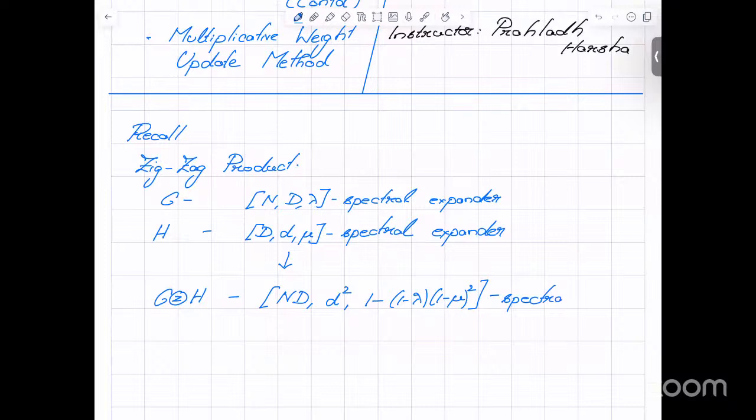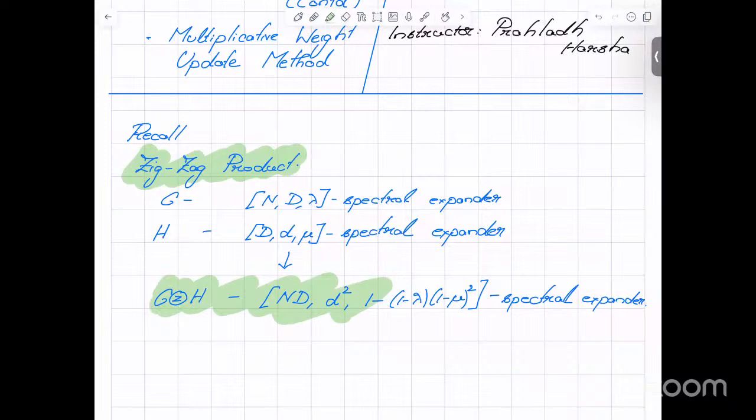We are yet to prove this. We are yet to prove the part on spectral expansion. We were in the midst of proving it in the last lecture. But let's remind ourselves what the zigzag product is.